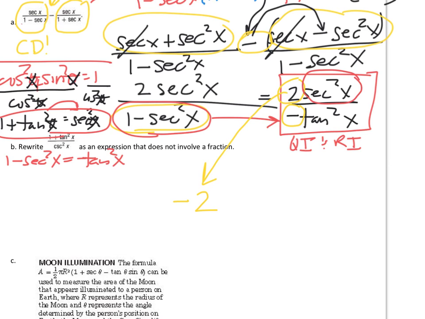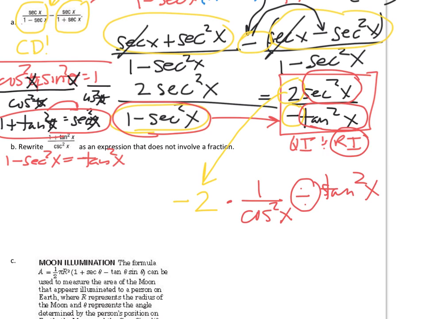So I'm going to use the reciprocal identity and write that as times 1 over cosine squared of x. Now what I'm doing is dividing that by tangent squared of x. So when you deal with division, I'm going to take whatever this is, and I know it's a ratio, and I'm going to change it to multiplication.